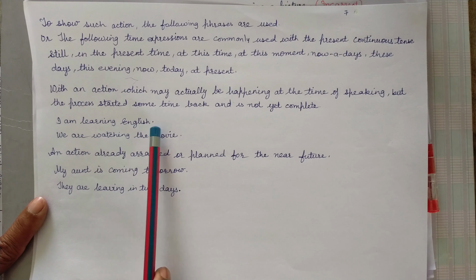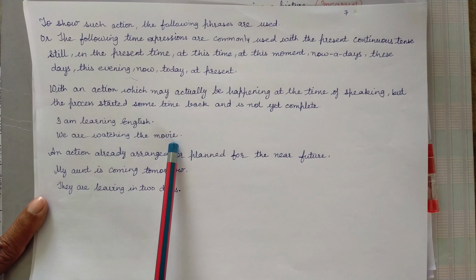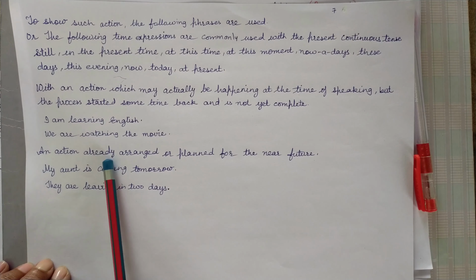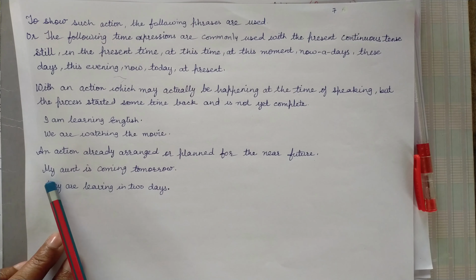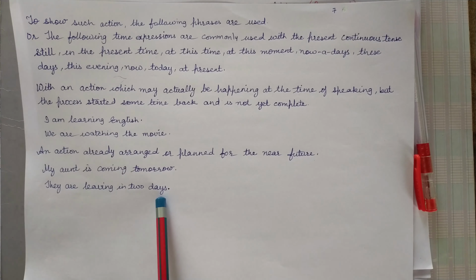Example, I am learning English. We are watching the movie. An action already arranged or planned for the near future: My aunt is coming tomorrow. They are leaving in 2 days.